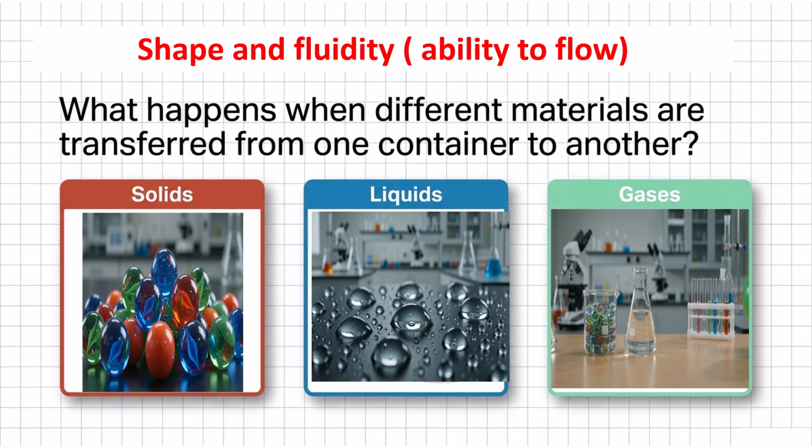So the shape of the liquid changes, or takes the shape of the container. But the volume is constant. Here the volume is 100 cubic centimeter. So for liquids, the volume is constant, but the shape changes, or takes the shape of the container.